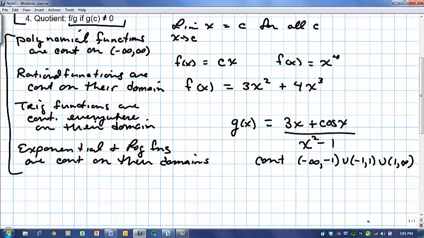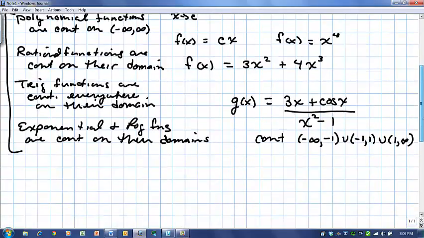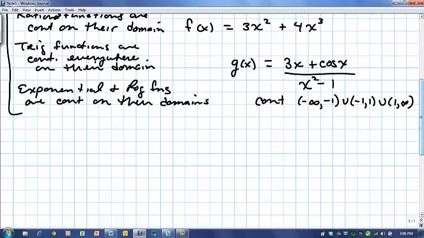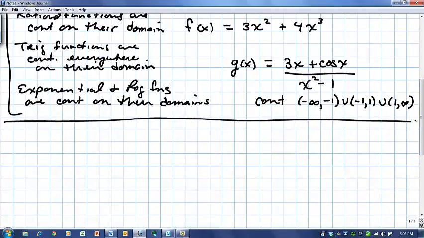All right. Furthermore, not only is the sum, difference, product, and quotient of continuous functions continuous, but we also have a rule that relates composite functions.